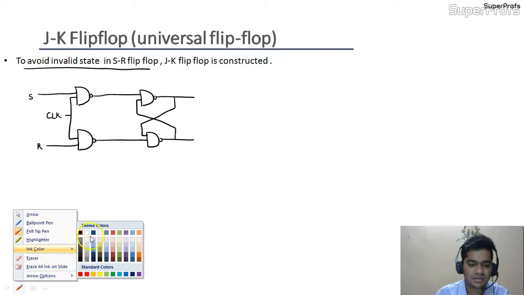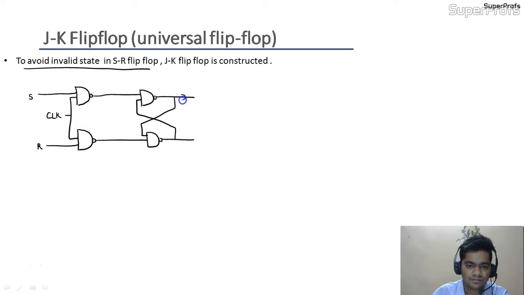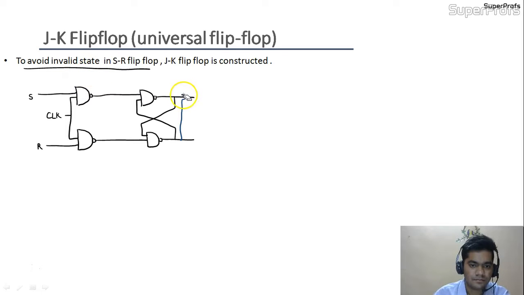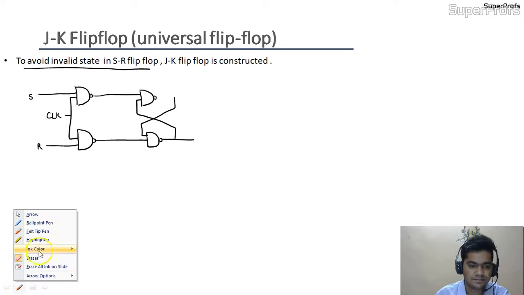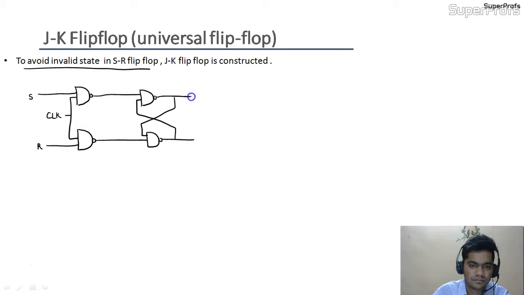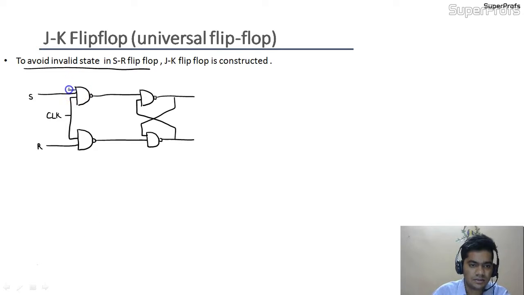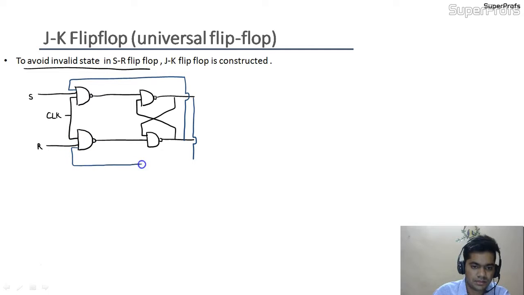So I mark the connections: we are connecting Q bar and giving it to this NAND gate like this, and we are connecting Q to this point.